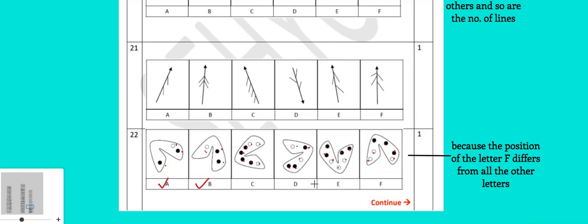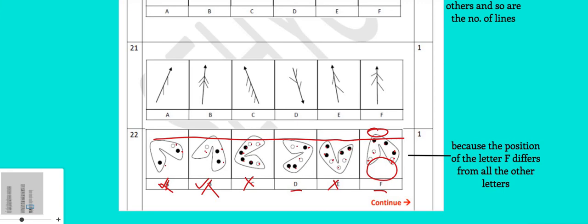So D and F. Now we will strike off all the rest because they have something in common, so they cannot be the odd one out. So now our answer has to be from D or F. Now let us look at it more carefully. The position of the letter F differs from the other letters. If we look at the position right here, all of them go in a single straight line, but if we take F, it covers a much lesser area here and much more area in the bottom.